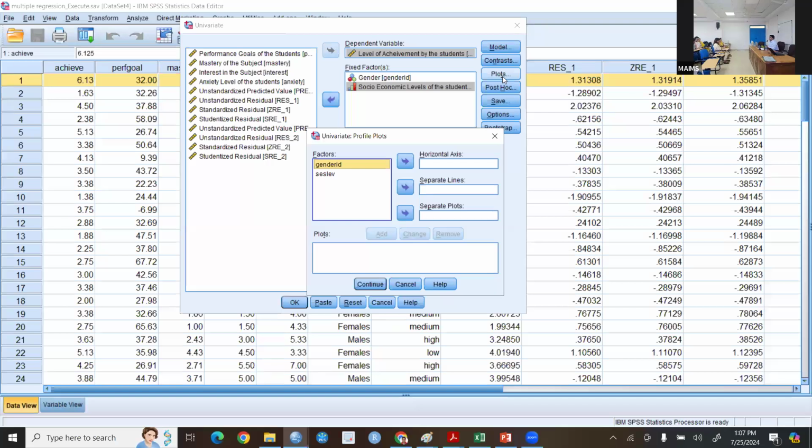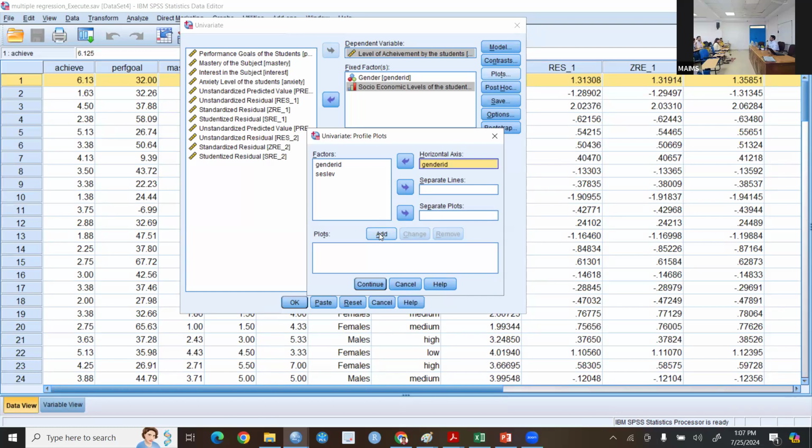Yes, this is important now for you. You have to tell the software that I am going to use gender as an IDV. Gender has got two categories. Put it under horizontal axis and click on add. Write down this step. This is important.